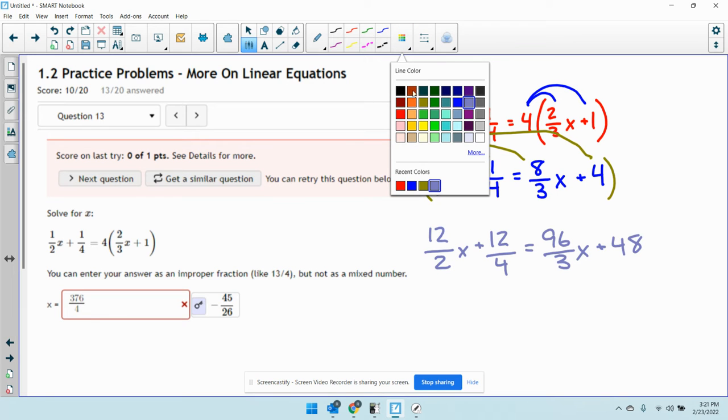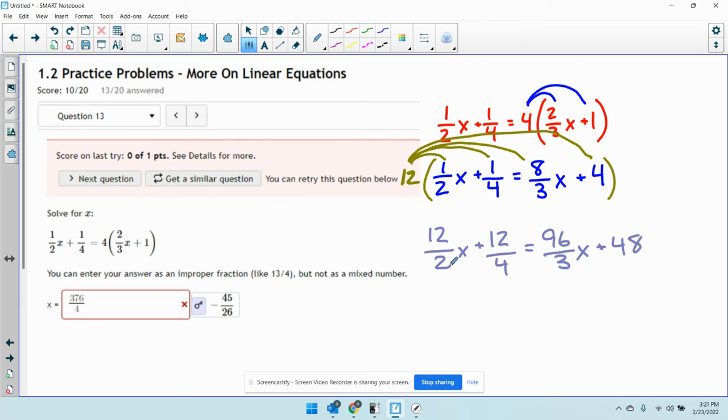And since I picked a multiple of those denominators, they should all cancel out nicely. 12 divided by 2, that's going to give me 6x. Plus 12 divided by 4, that's going to give me 3. Equals 96 divided by 3, that's going to give me 32x plus 48.